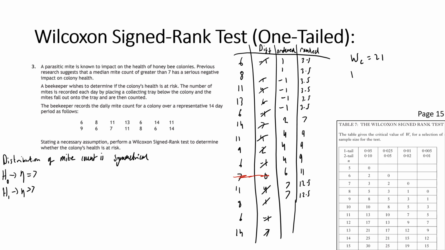Let's find W negative and W positive, which is 14 and 77. And then let's write our conclusion down here.